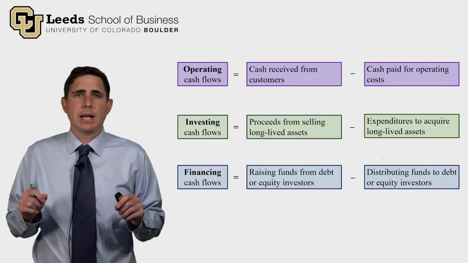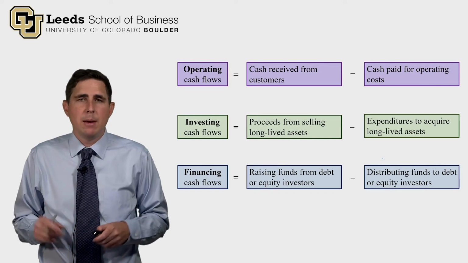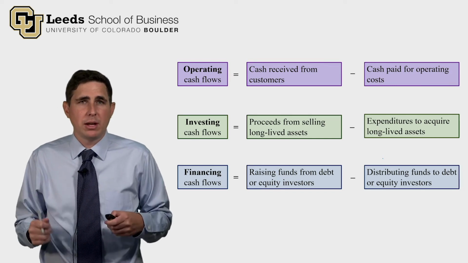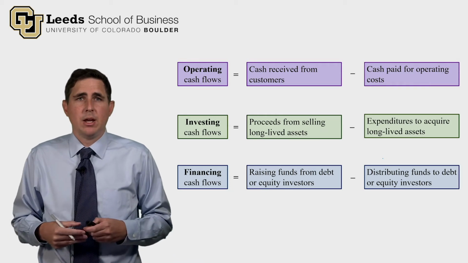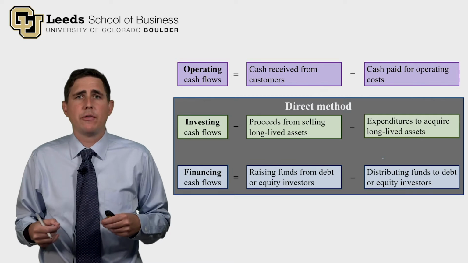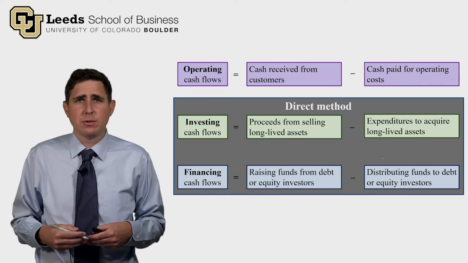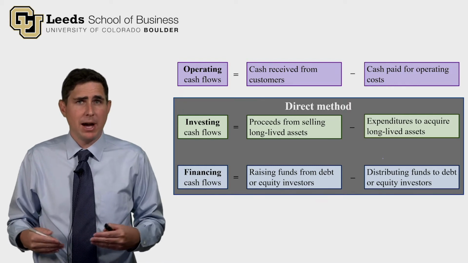Now, if you look at a cash flow statement, it's going to be broken into these 3 categories. But there are different methods for computing these measures. Investing and financing cash flows are calculated using something called the direct method, which is you're going to see activities on the cash flow statement that relate exactly to these boxes.